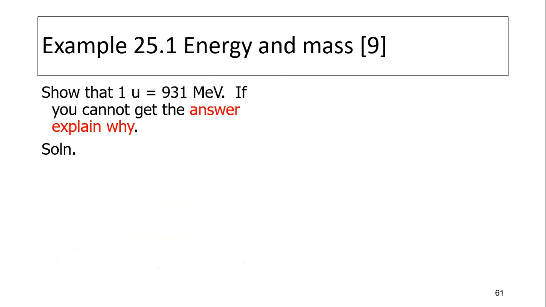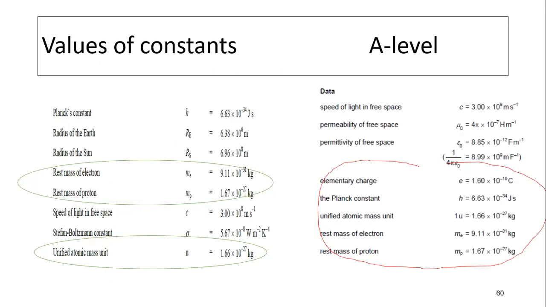Okay, calculate for me. Use E equals mc squared. Then after that, convert it to mega electron volt. Your 1 electron volt is 1.6 × 10 to the power minus 19 joule.